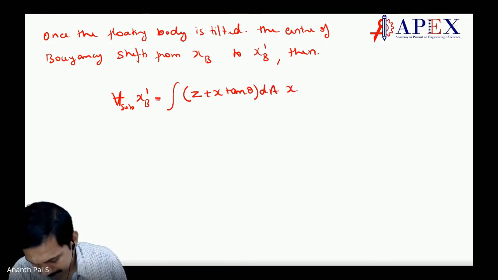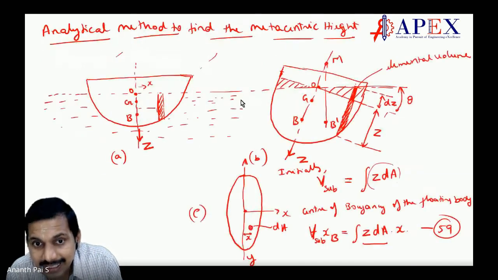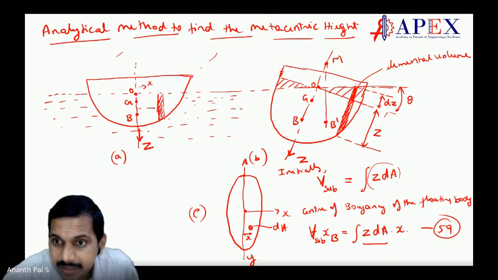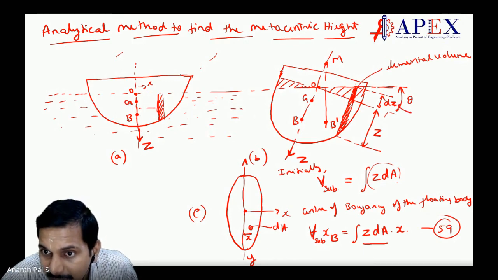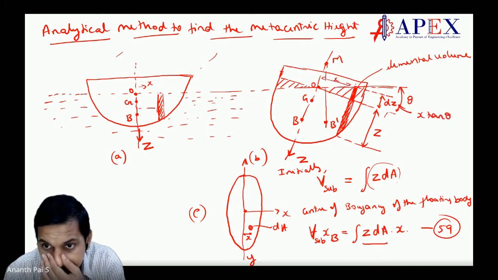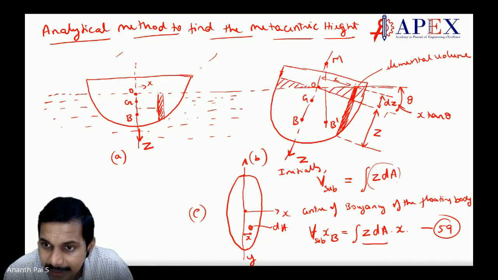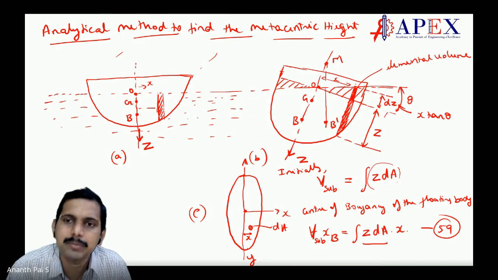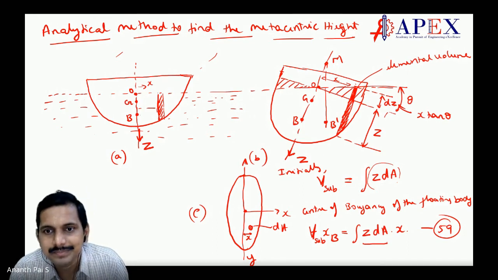Agreed, students? How does that x tan theta come? Because if you observe this dz, it is equal to x, which is this distance, into tan theta, correct? So when you're integrating z plus x tan theta, here it might be negative, here it might be positive, so it depends on theta.